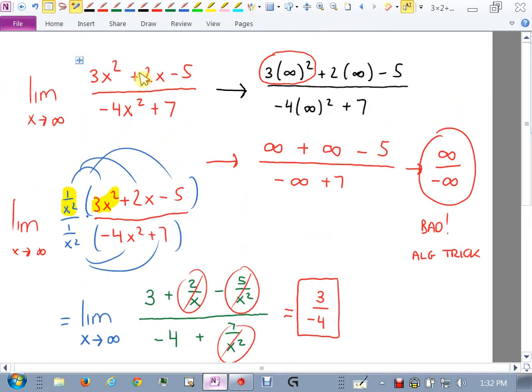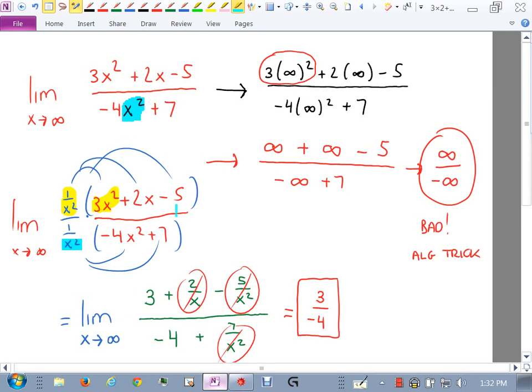Because whenever we have a polynomial in the denominator, we want to use as our 1 over here. The reason I picked x squared here was because I want to pick the highest power of x that I see in the denominator. Why do I do that?